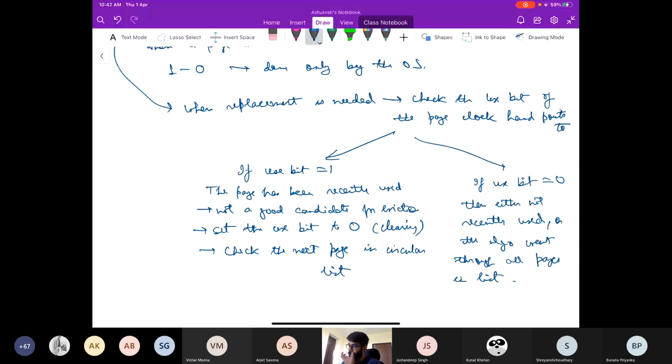So then you can just evict this one, basically replace this page. If the use bit is 0, the OS is going to replace this page, and if it is 1, then just make it 0 and move on to the next.